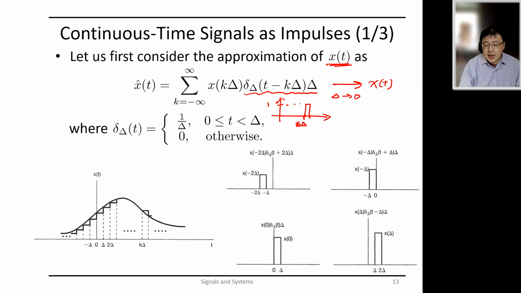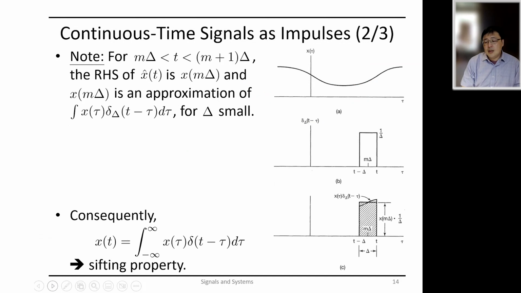And this delta sub capital delta of t, which is the very short pulse that we introduced before, converges to the delta function as delta goes to 0. Now, suppose that we look at a particular value of t that is between m delta and m plus 1 capital delta.